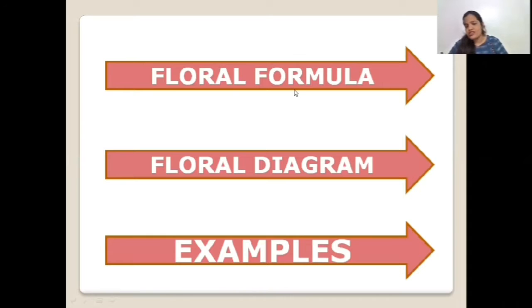We are supposed to study the families, but in families also we must know what characteristics we are supposed to study so that we can concentrate on the characteristics which are important for exams. So basically we have got 3 things to study for the exams. One is floral formula, second one is floral diagram, and the third one is examples.